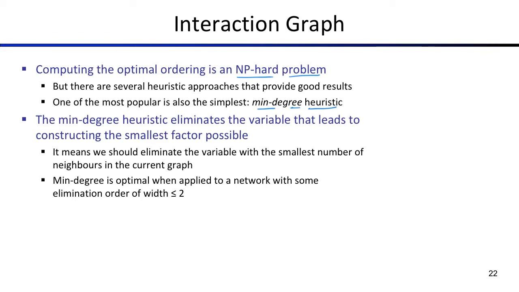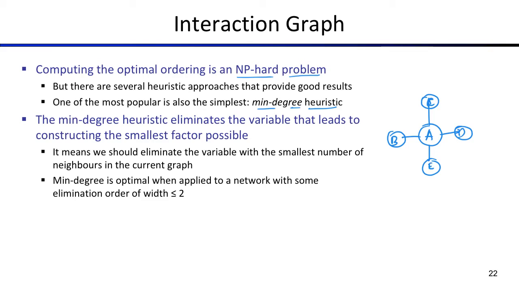The idea is that if we take the interaction graph and we want to eliminate the variable a, we're going to compute the degree of this node a and take the node that has the smallest degree, the minimum number of neighbors. Because we know that if we take a, we're going to have to put together all the variables that appear in factors that mention a, and these variables will be the neighbors of a.